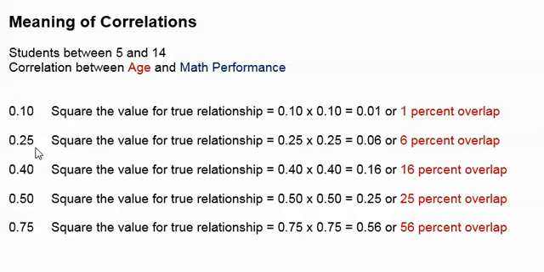And if it's somewhere between 0.2 and 0.4, we would consider that fairly high, just by convention, keeping in mind that it doesn't account for much overlap. And what it reminds us of is that the social sciences and education are complicated. You can't explain math performance just by age.